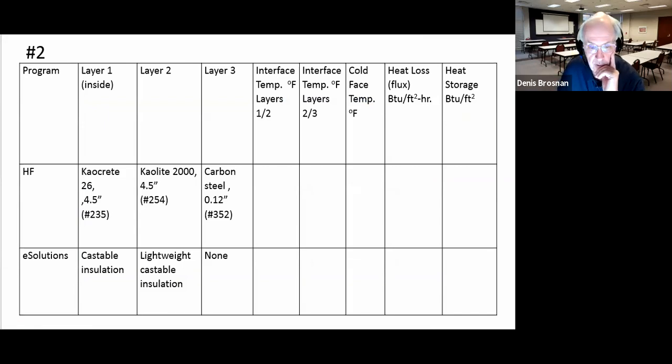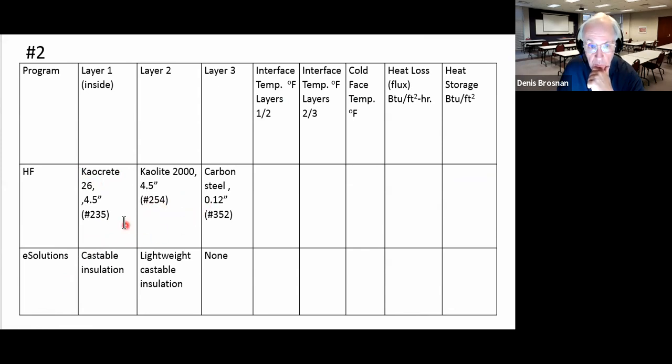And in problem number 2, I used a dense castable. The key thing I was looking for is crete. That usually is taken out of concrete, and that's usually a dense or heavy castable. Light, Kaolite, is generally a lightweight castable. So those are the numbers that I have in my program along with the carbon steel.